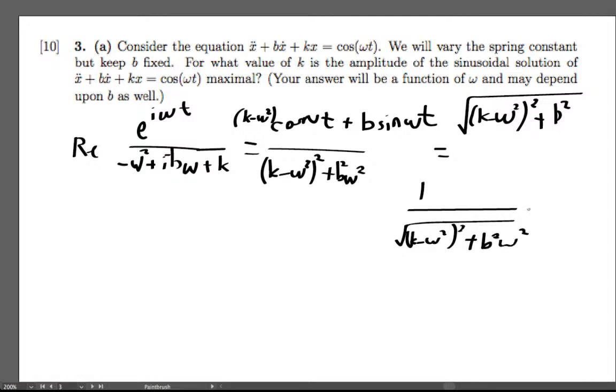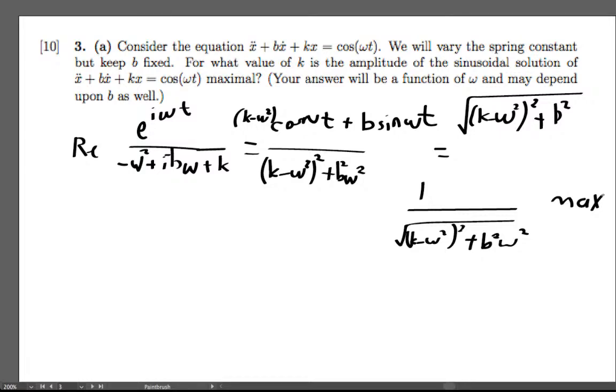And we want to maximize this. Therefore, we need to minimize the bottom side. It is a function of omega. Is it also a function of something else? No, I believe it's only omega.